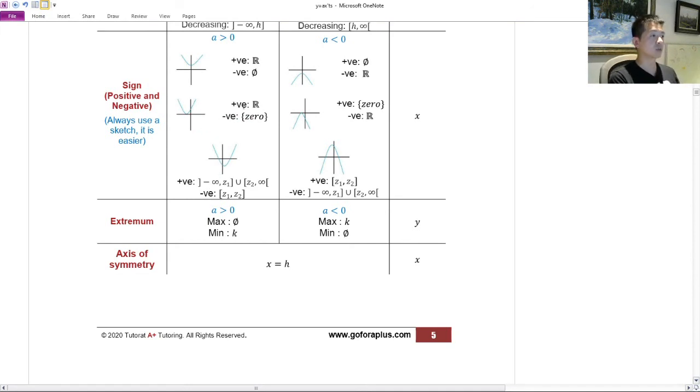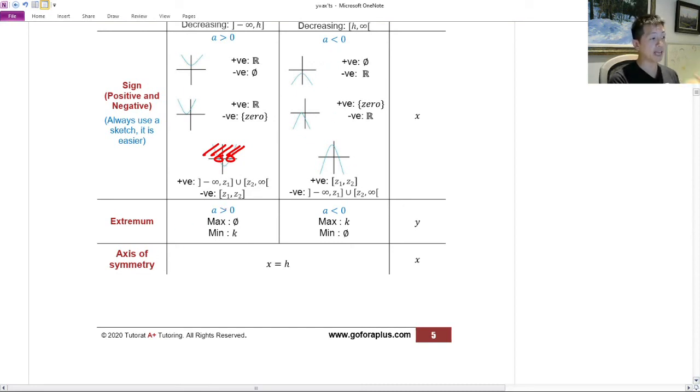So in this case, it won't have any value if it's strictly negative. Now positive or negative, when we have two zeros, then from minus infinity to the first zero will be positive, and the second zero to infinity will also be positive. So everything on top is positive. Negative is from the first zero to the second zero. Same thing when A is negative, it's just opening downward. Everything is reversed. Okay, so you can take a look at this.